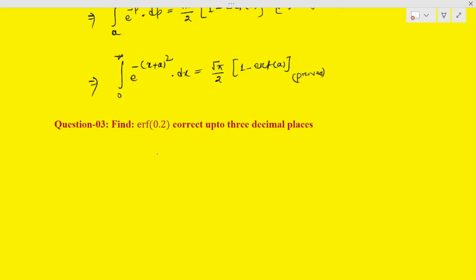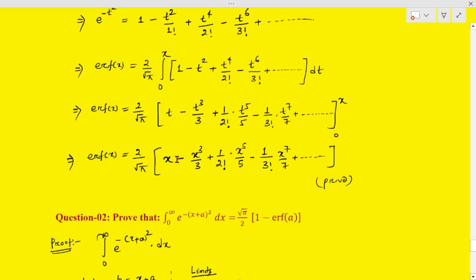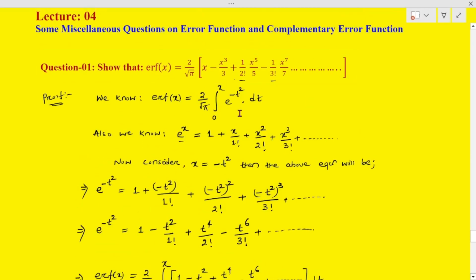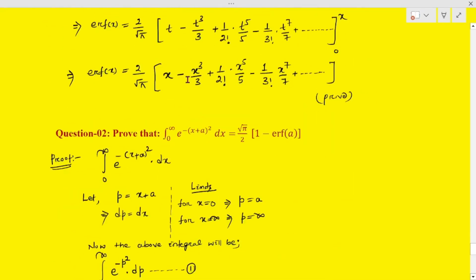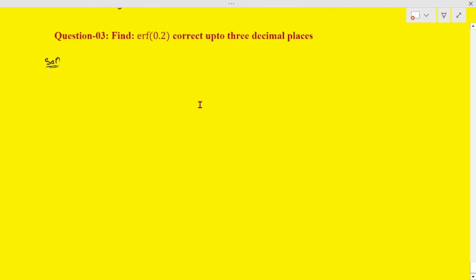Okay, here the solution starts. In our question number 1, we found the error function of x can be represented like this. So instead of x, we have to substitute 0.2. That's it.